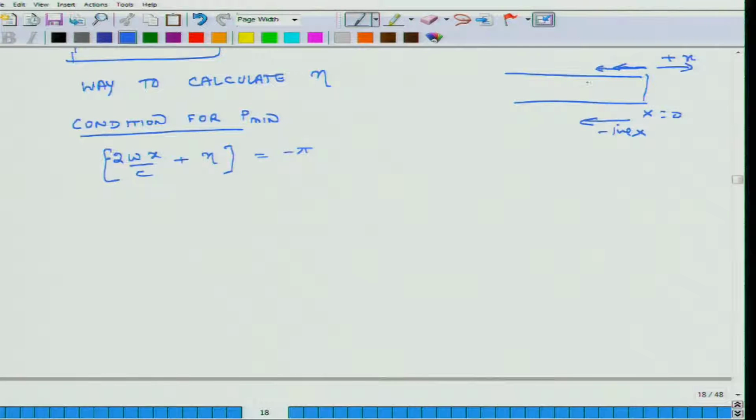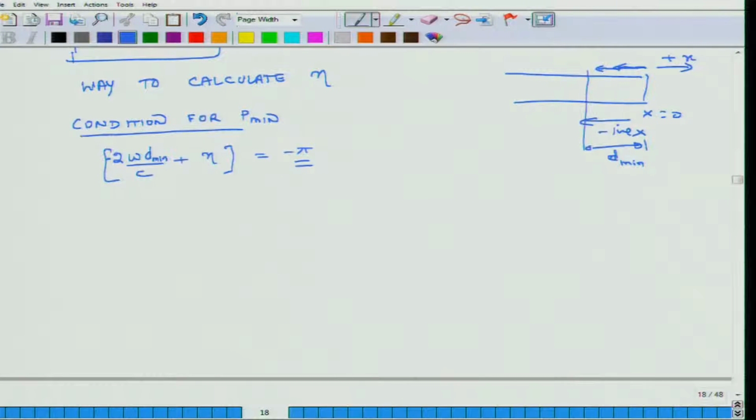At that location, let's say the distance is d. So I replace x by d, and I call it d min. Experimentally I measure the value of d min. I already know the value of omega because I know what frequency I am generating in the speaker, and minus 2 omega d min divided by c plus eta should be equal to minus pi.